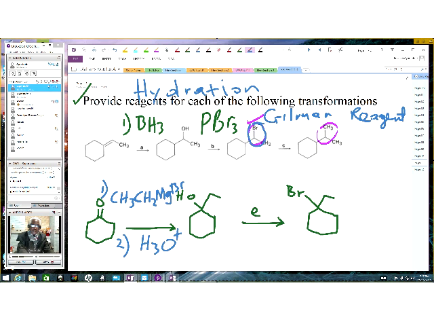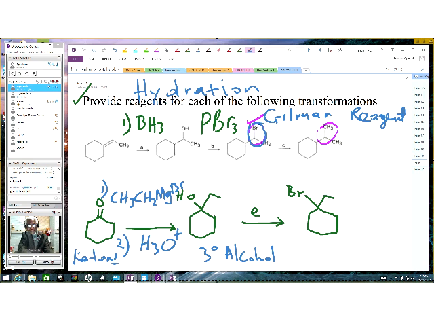So what you see here, a Grignard reagent will convert a ketone to a tertiary alcohol. This is your tertiary alcohol. This is your ketone right here.